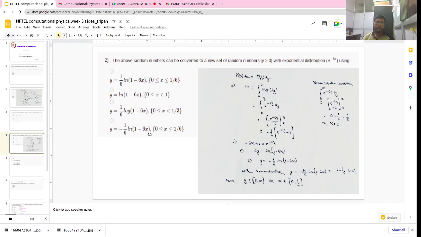And for x equal to 1/6, it will be ln 0, and that will give you infinity. ln of 1 minus 6x: if you put x as 1/6, then it will be 1 minus 1, which is 0. ln 0.